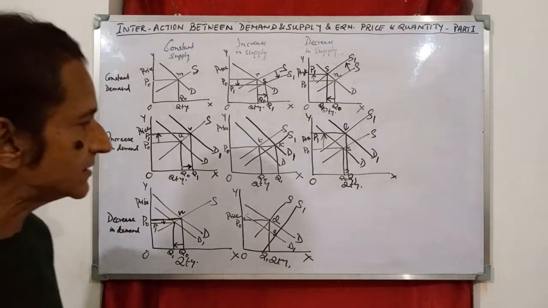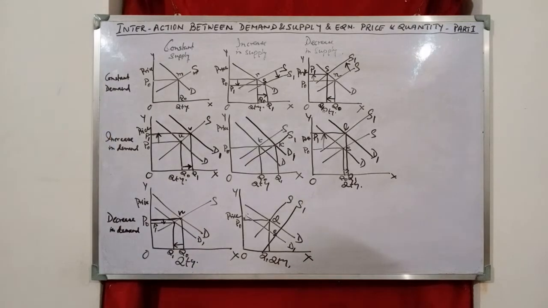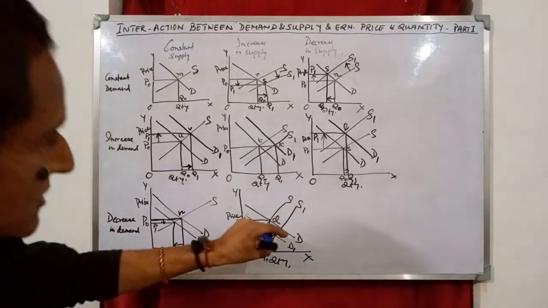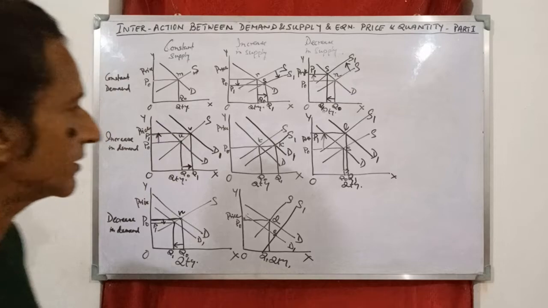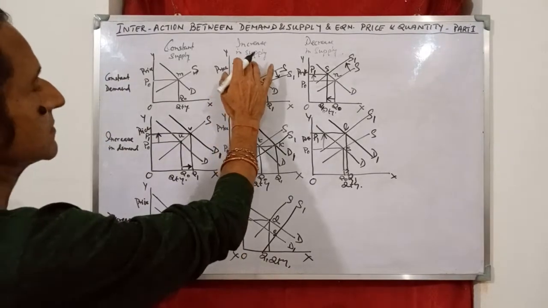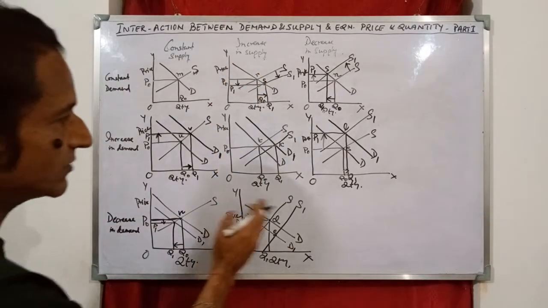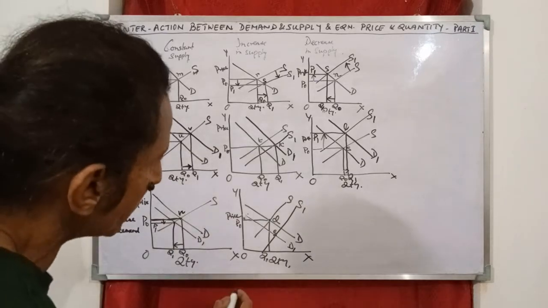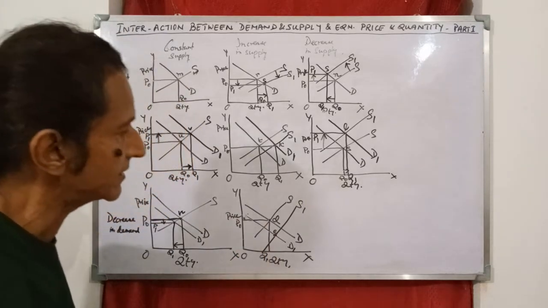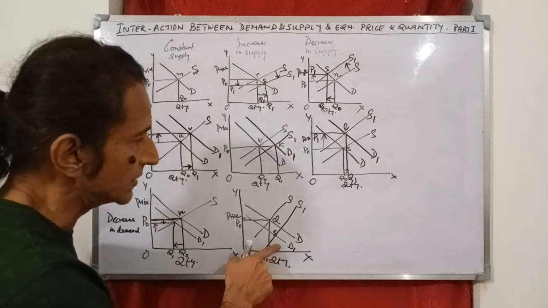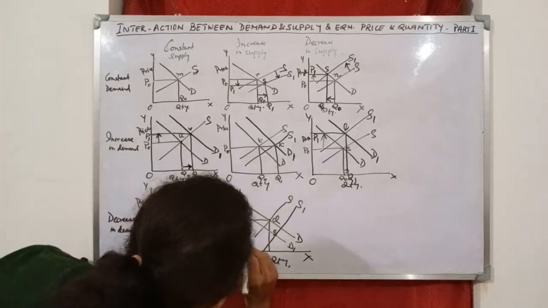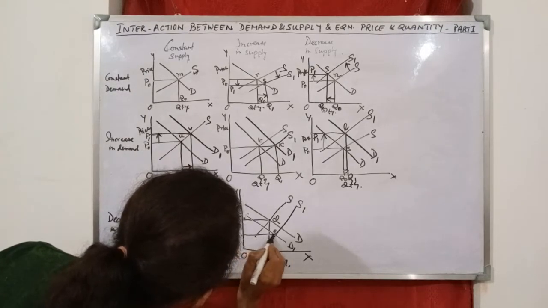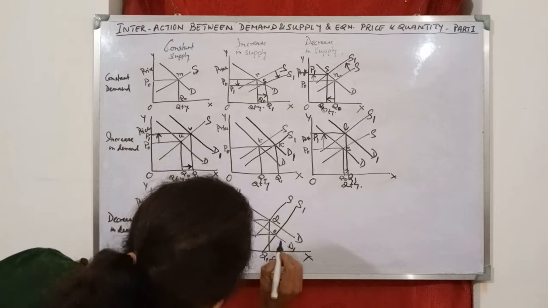Demand has fallen, that's why the demand curve has shifted leftward or downward, and supply has increased, so the supply curve has shifted rightward. So the new point of intersection is E, between the new demand curve D1 and the new supply curve S1. So the new equilibrium price is, say, P sub 1 and the new equilibrium quantity is Q sub 1.